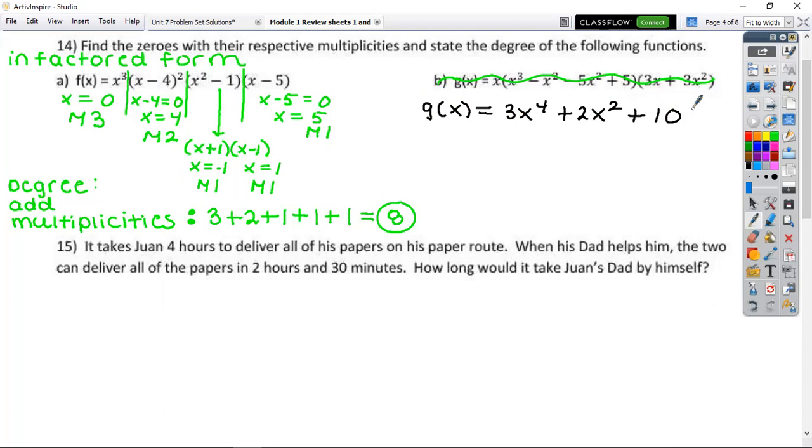Is this still in factored form? No, what is this form called? Standard form. All I would like you to tell me is just the degree of this polynomial or function. What would my degree be this time? 4, I heard it, good.